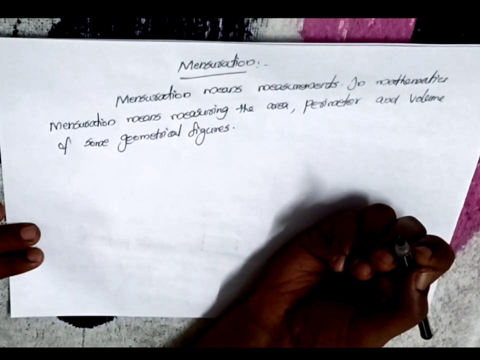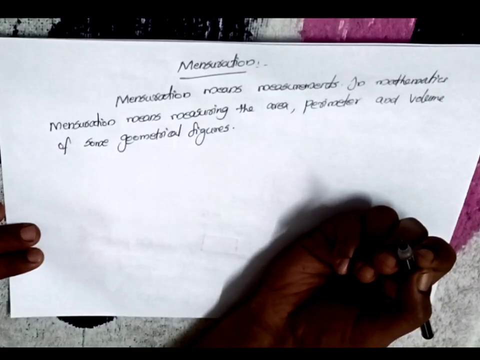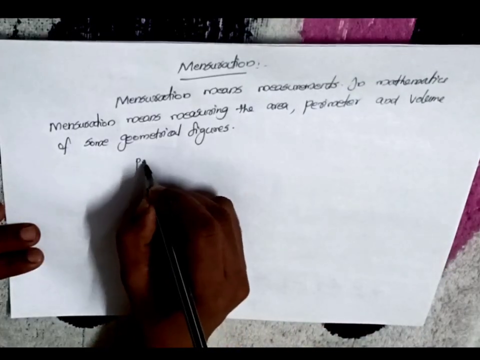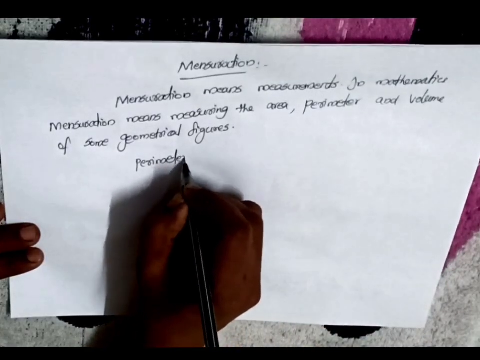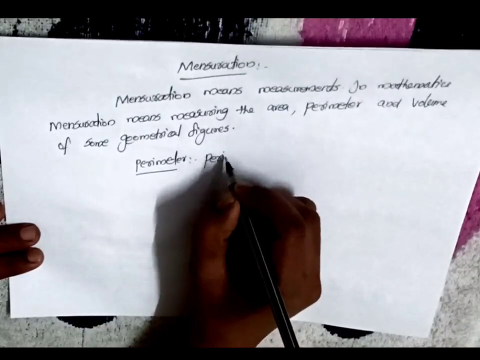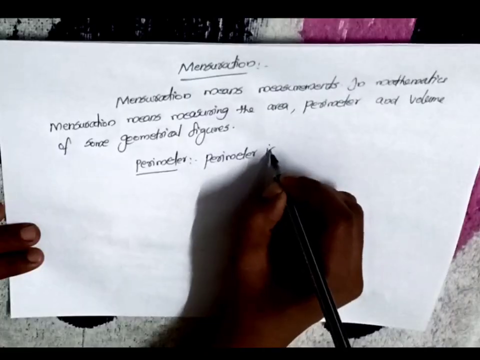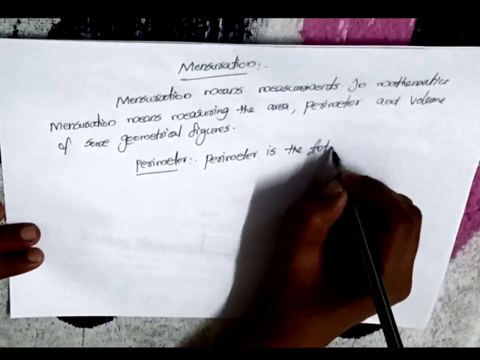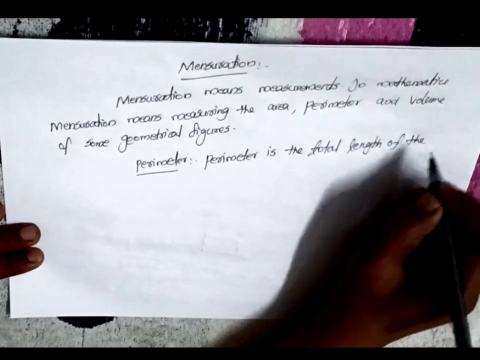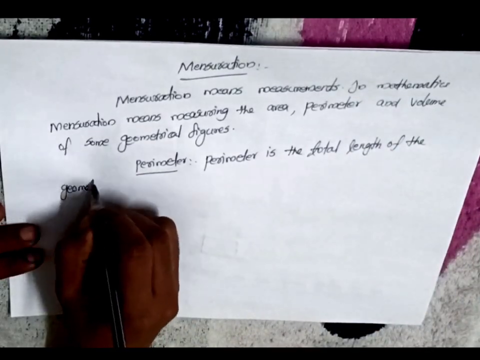In the case of two-dimensional shape, 2D shape, we have to discuss the area and perimeter only, and in the case of 3D shape, we have to define area, perimeter, and volume also. First, we have to define what is perimeter. Perimeter is the total length of the geometrical figures.